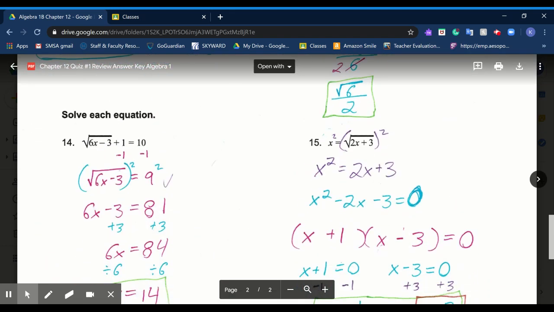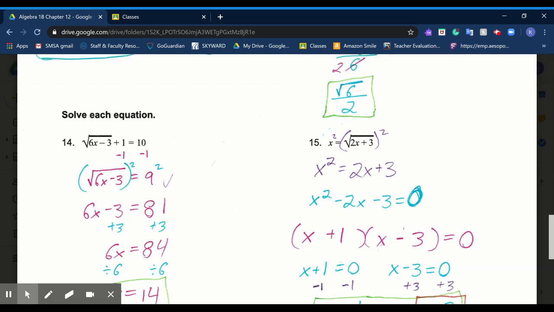In 15, because we have x on each side, that tells me eventually I'm going to have 2 possible answers to check. So in this case, the radical's alone, so I can square each side. And then we want to rearrange the equation so that it equals 0. So x squared minus 2x minus 3 equals 0.